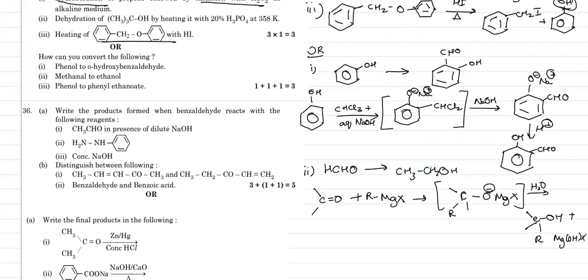So this is the Grignard's reaction. Now we have HCHO. HCHO reacts with, it needs another atom of carbon, CH3MgBr in the presence of water, which should give us CH3CH2OH plus Mg(OH)Br.